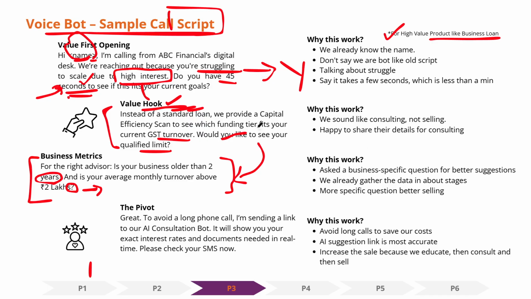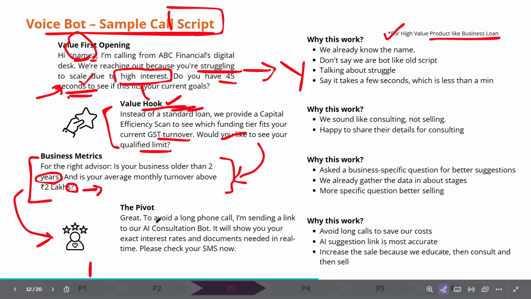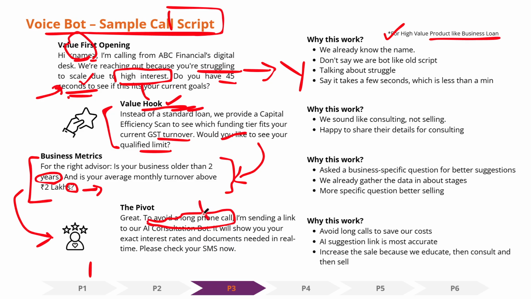After we hook and understand the business, then we need to pivot, to avoid a long phone call. If you notice this line, avoiding the phone call saves our bot cost. This reduces our cost by sending a link for the AI consultancy bot.